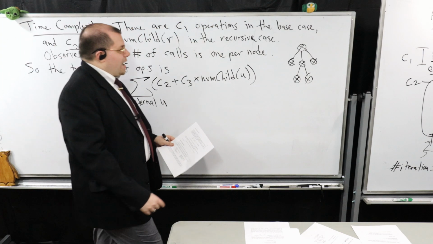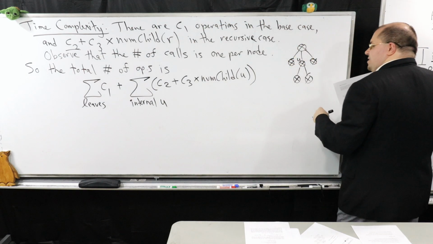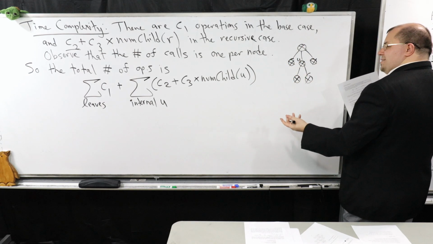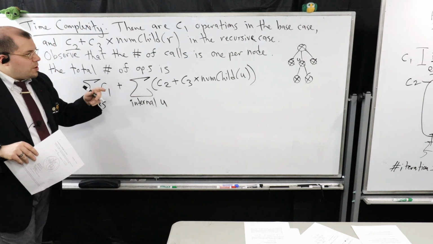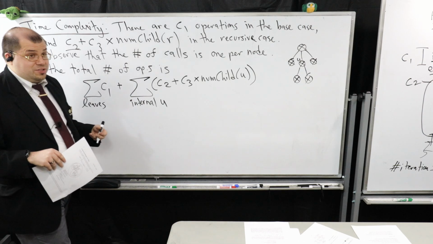For example, if I was at this node, say if that was U, you know right away it's going to be C2 plus C3 times 2, right? So I'm just going through each one of the internal nodes and I get the number of children because we know that's how many times the recursive call is going to happen.